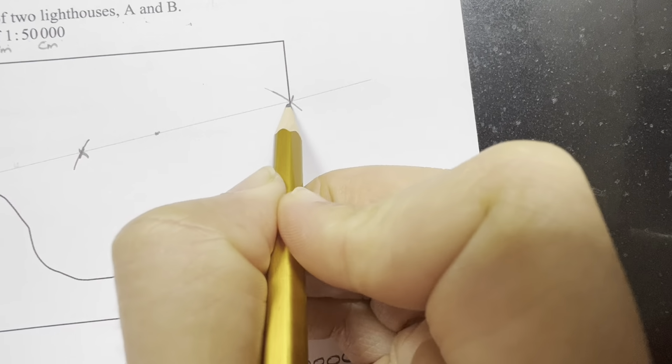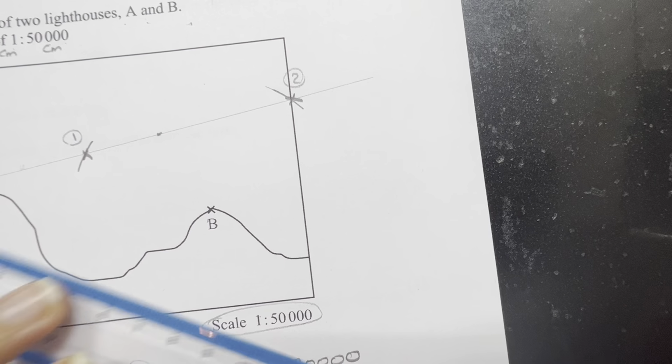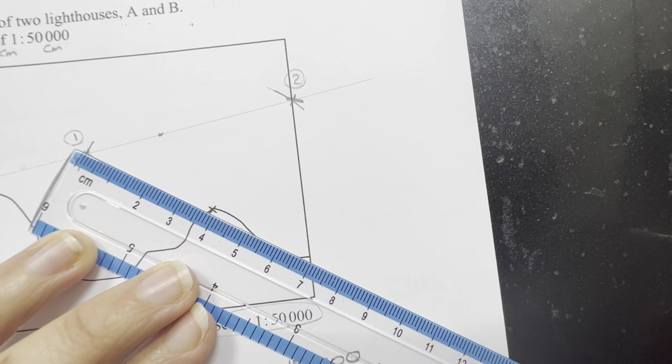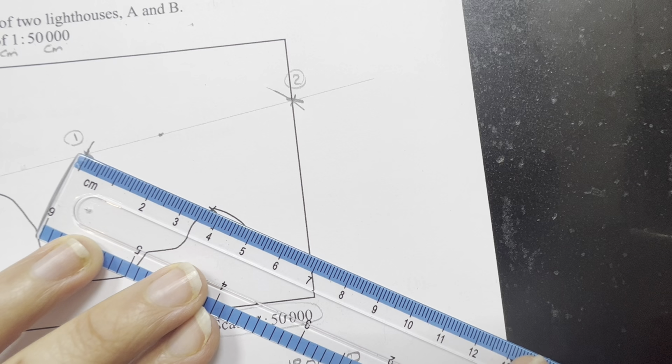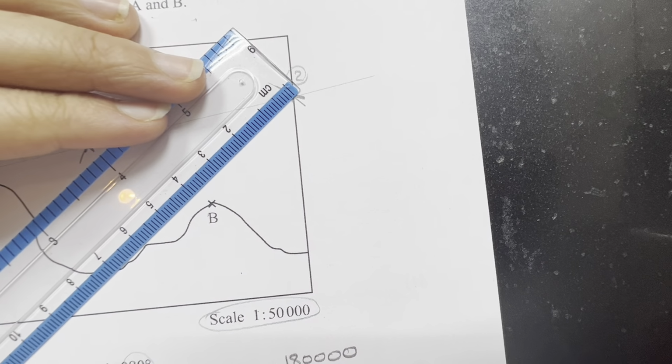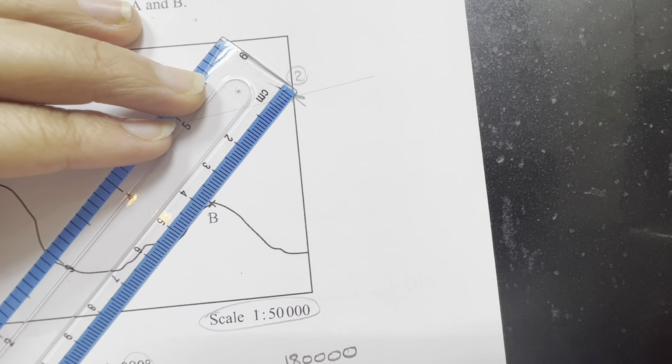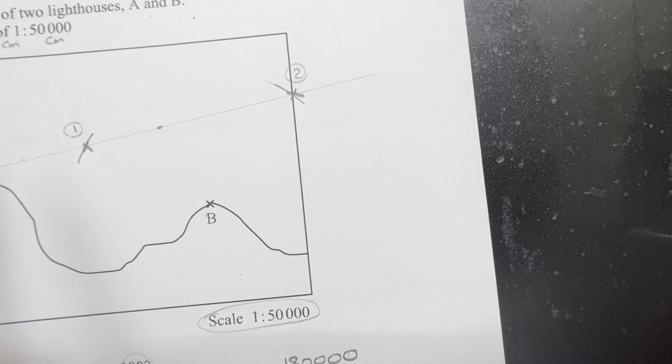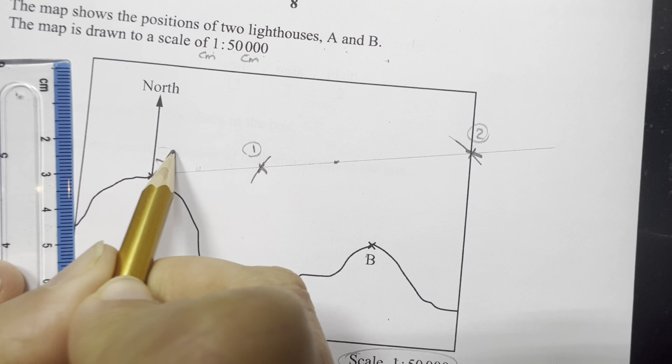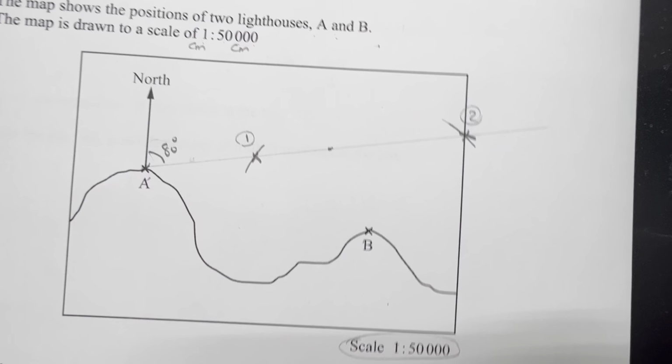This is 1 and this is 2. Both of them will be 3.6 centimeter far from point B. As we can check here, 3.6 centimeter, and check here also 3.6 centimeter, and both of them with angle 80 degrees like that. Okay.